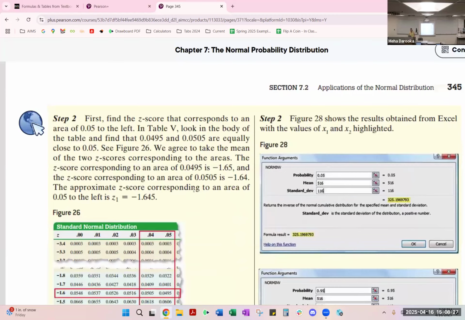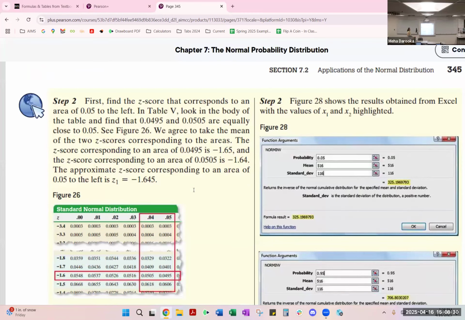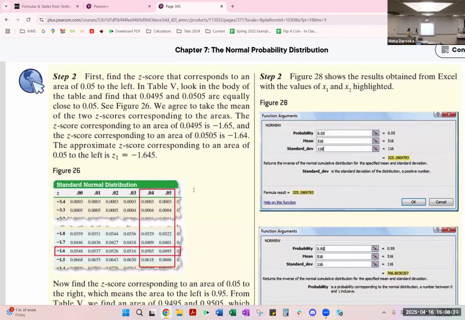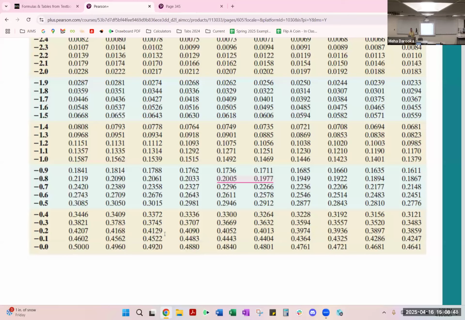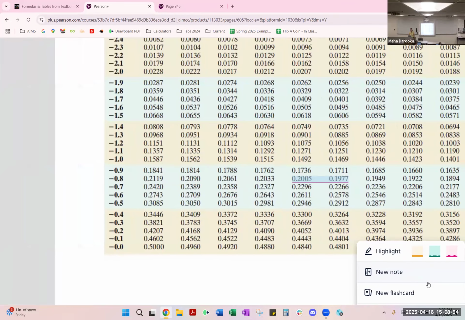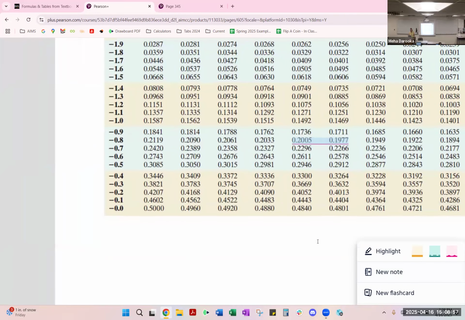So let's go about taking a look at this. Obviously we need to go for 0.05, which is equivalent to the bottom 5%, and then we will also need to use 0.95 to get the top 5%. So again, going back to our table, you will need to go to two different sides of the table here.